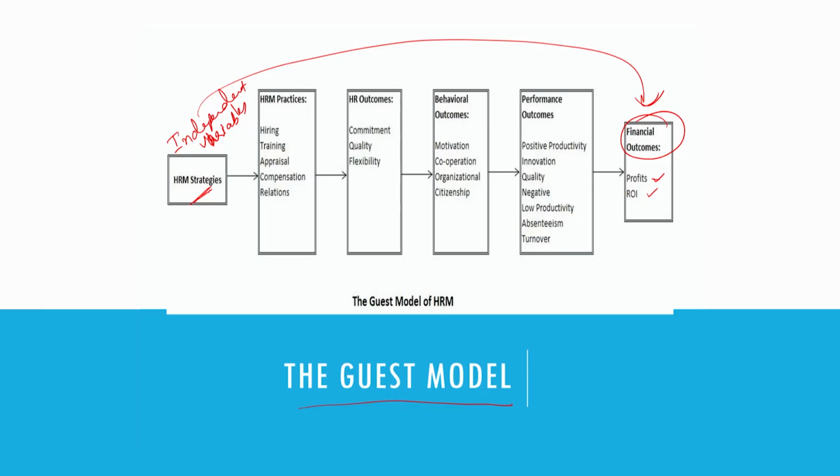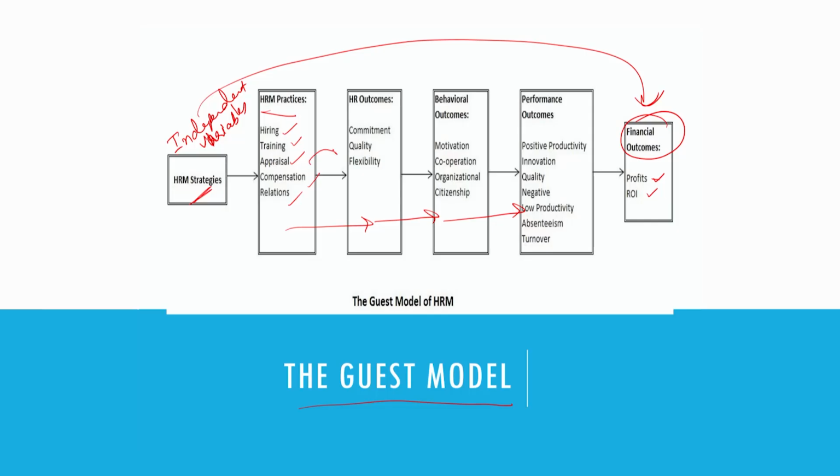These HR strategies have a dependent relationship with practices and outcomes. So HR strategies are then broken down into practices: practices pertaining to hiring of people, training them, appraising them, compensation and relations.